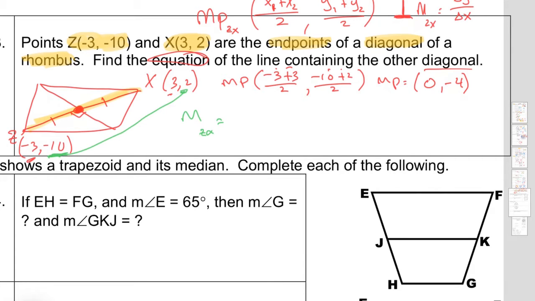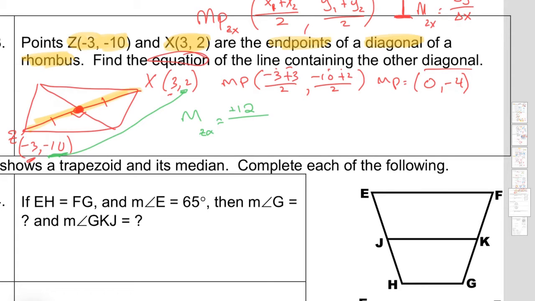Well, from -10 to +2, I have to go through 0. So from -10 to 0, that's 10 units. And then from 0 to 2, that's 2 units. So it's a total of 12. And we went from -10 to +2, so that's plus 12. That's my change in y.